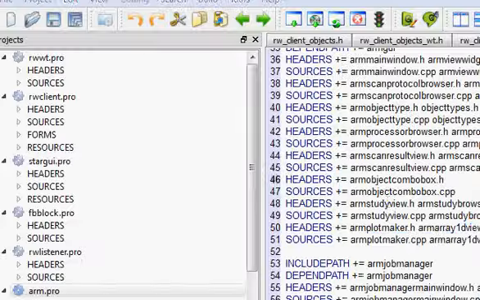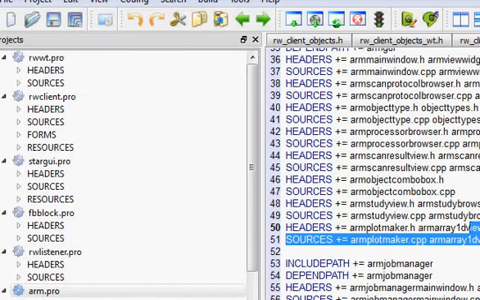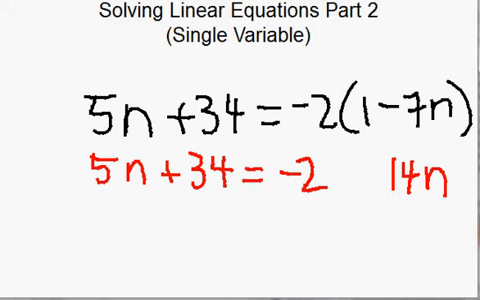That's right. So let me just write plus 14n. And so when you see negative 2 times negative 7n, you can just think a negative times a negative is a positive. And 2 times 7 is 14. Don't forget to keep the n in there. So now this problem looks a lot more manageable.